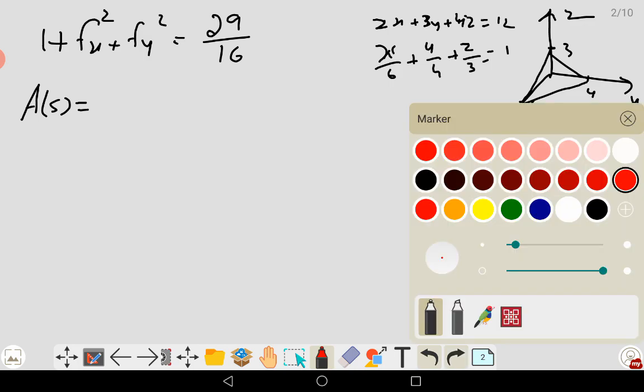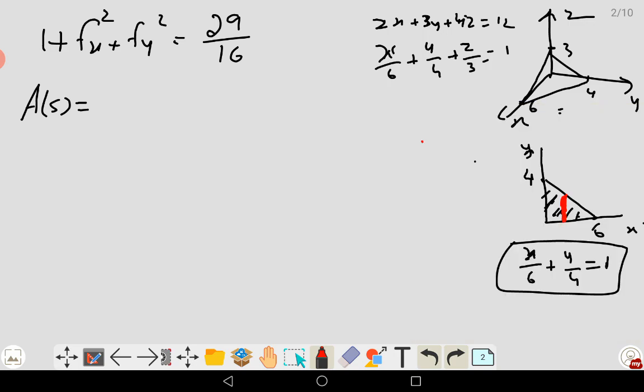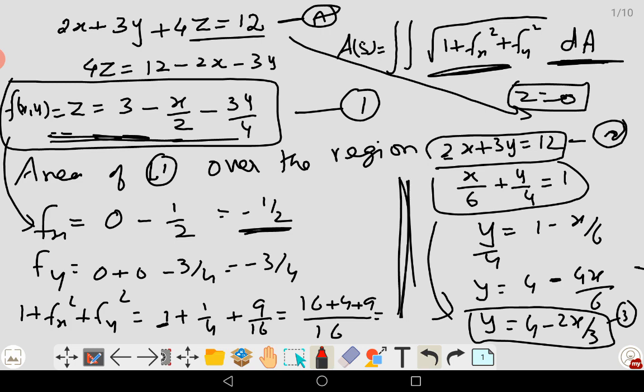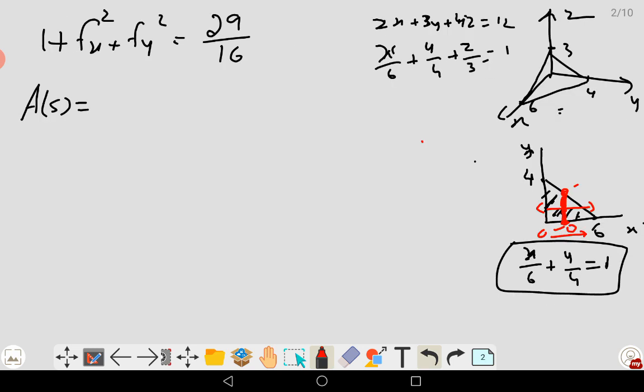Here this end will give the upper limit for y, and this end will give the lower limit for y, and this distance will give the x values. Okay, so x is from 0 to 6. So y is from 0 to this line. We have seen this equation of the line in the previous lines. Here y is 4 minus 2x over 3.